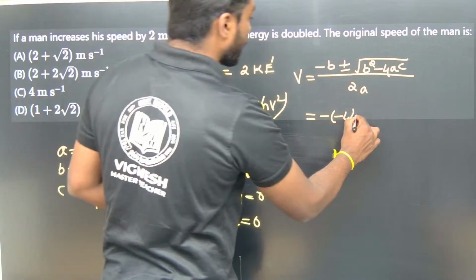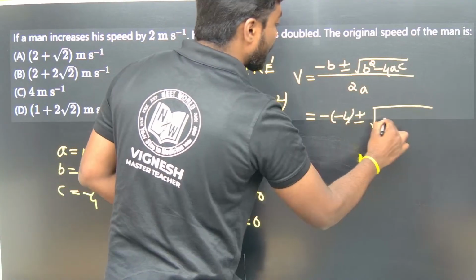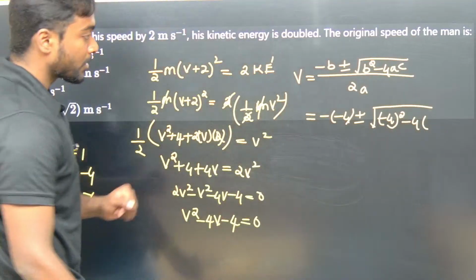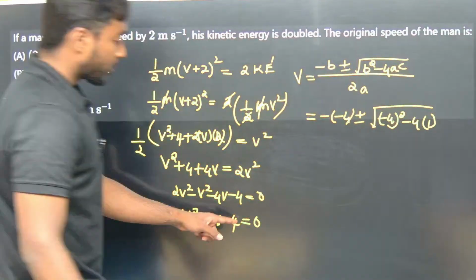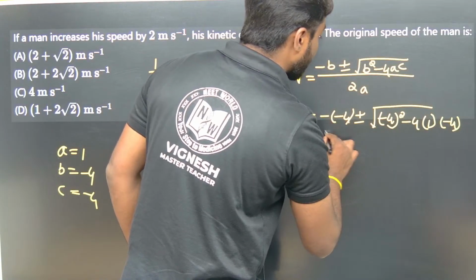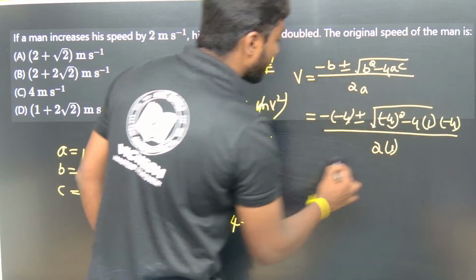Minus of minus 4 plus or minus root over minus 4 the whole square minus 4 into a, which is 1, into c, which is minus 4, divided by 2 into 1. So what is the answer?